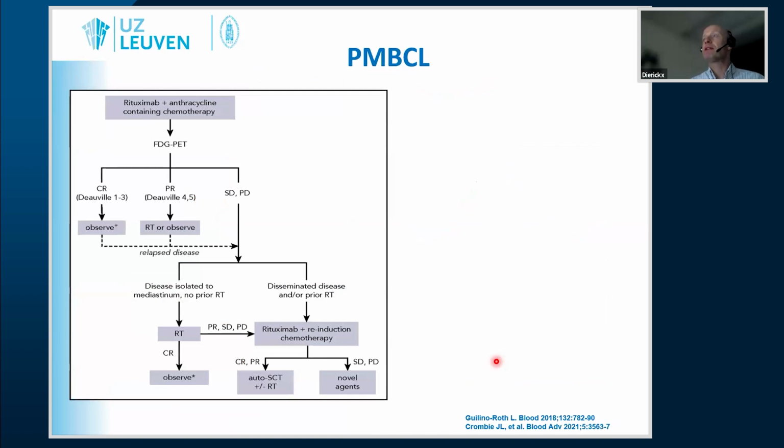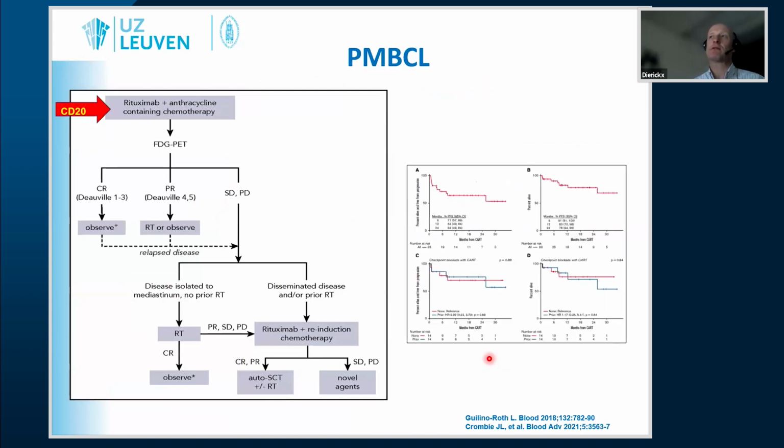What do we have in primary mediastinal B-cell lymphoma? Well, of course, rituximab together with chemotherapy has become the standard of care, followed by radiotherapy if the PET scan is not negative. CD20 really has changed the treatment landscape of all CD20 positive lymphomas, but also in primary mediastinal B-cell lymphoma.